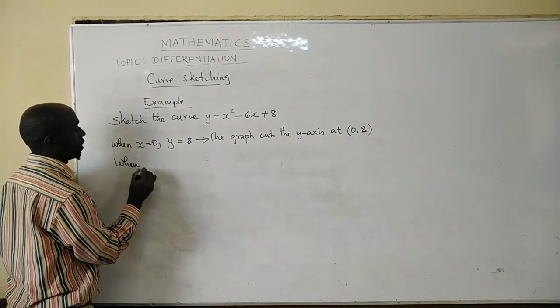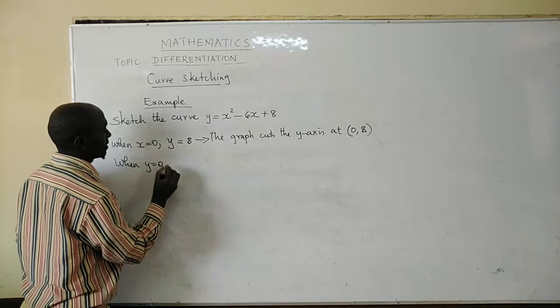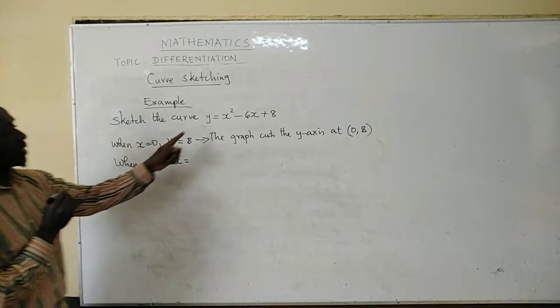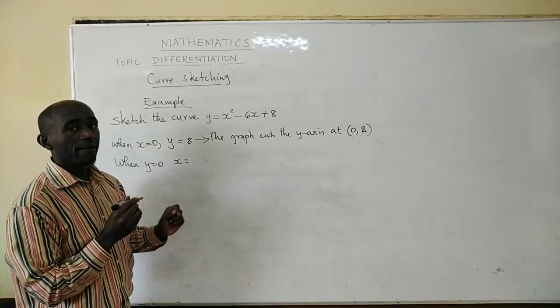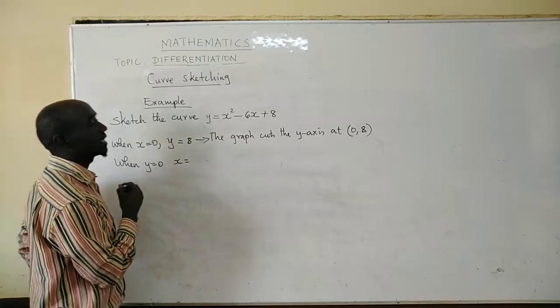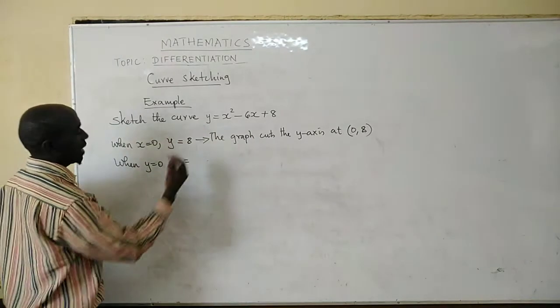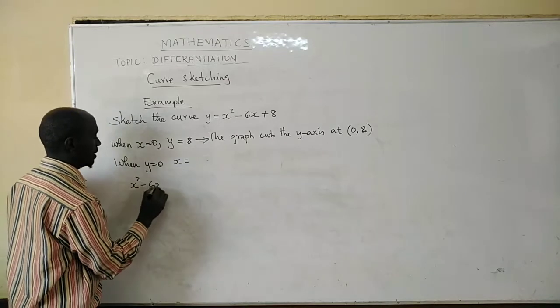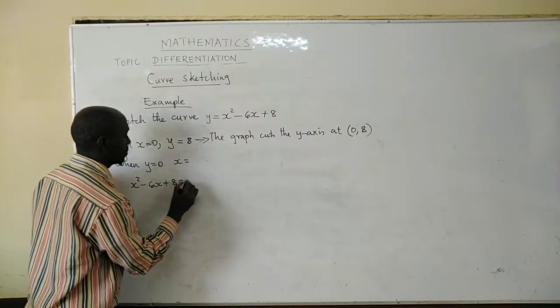What about when y is 0? What is the value of x? Now replace y with 0, find the value of x. So it means you shall have a quadratic equation. x squared minus 6x plus 8 is equal to 0.